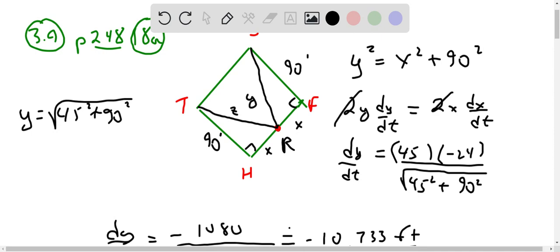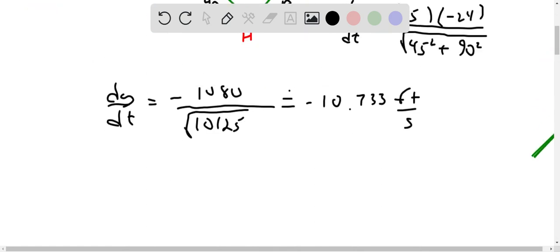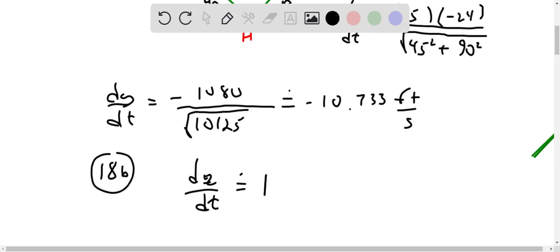I'm just calling it Z instead of Y, and X prime is positive. So for 18B, by symmetry, dz dt is about positive 10.733 feet per second.